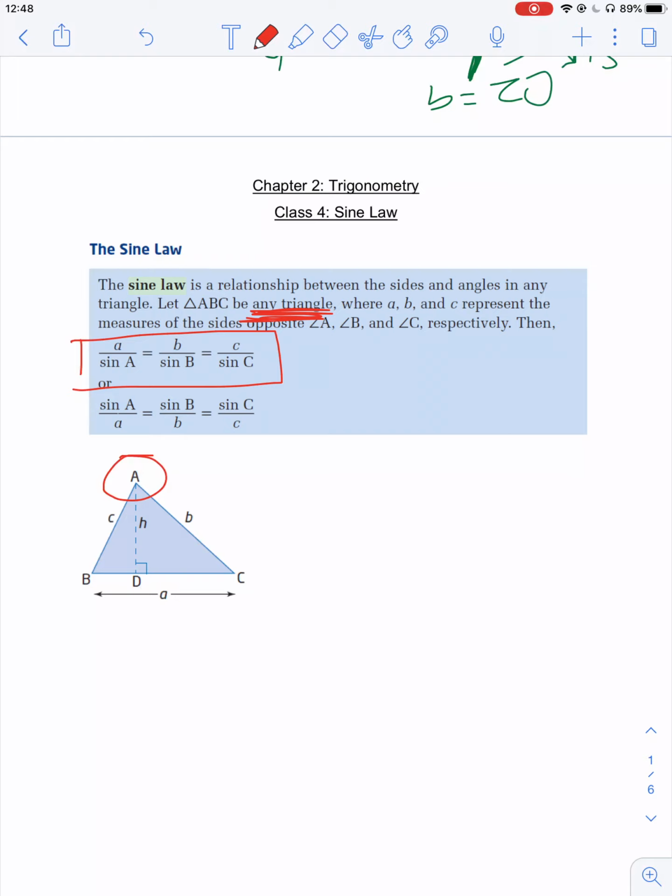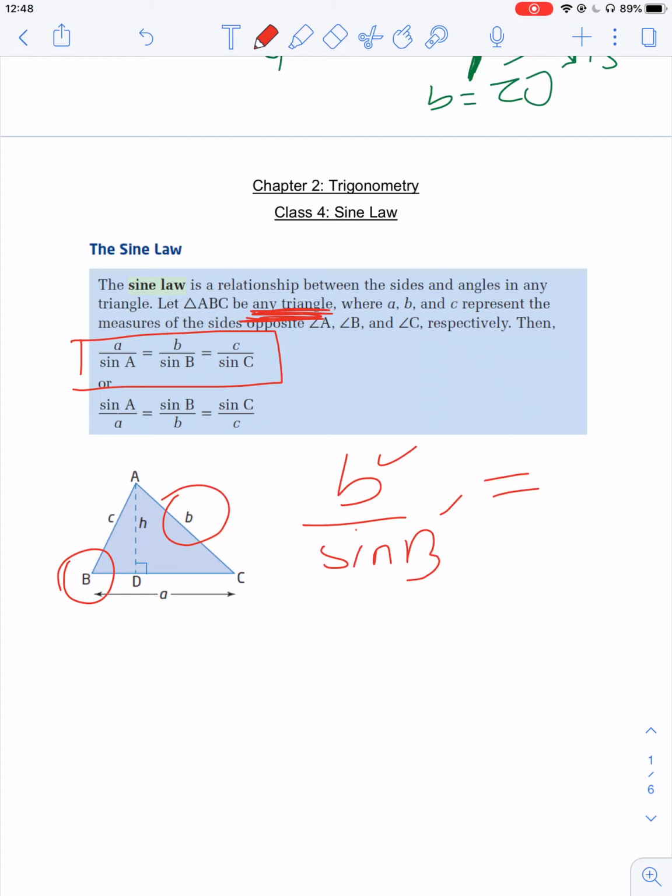It doesn't have to be A, it could be angle B and side B. So if you know angle B and side B, then you're going to use this ratio, b over sine B, because you know what b is and you know what sine B is. And let's say you need to figure out what side c is. You don't know that, but you know the angle C.